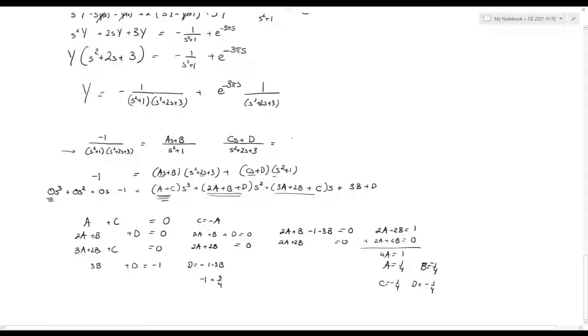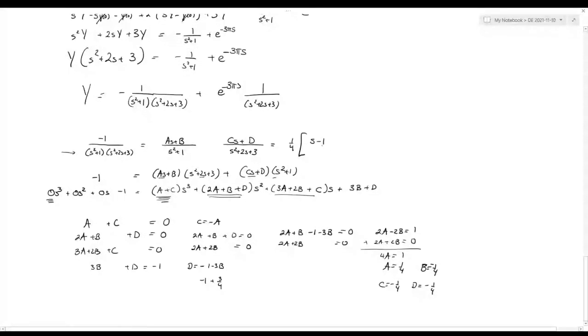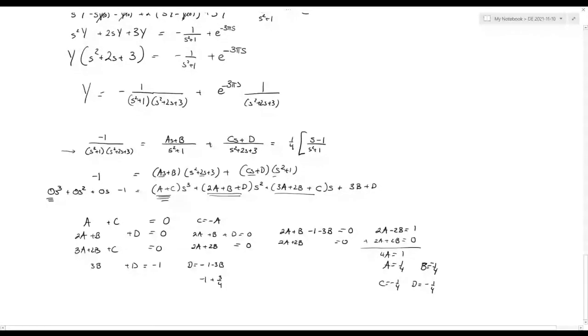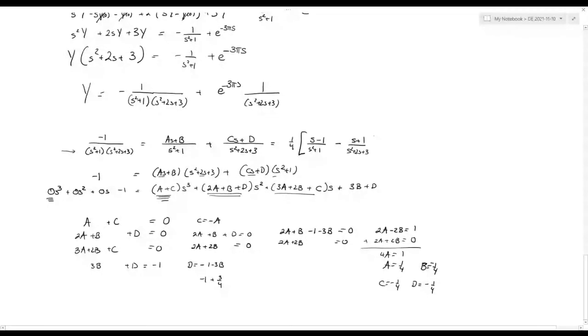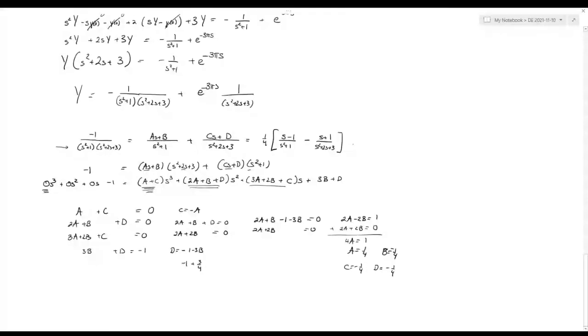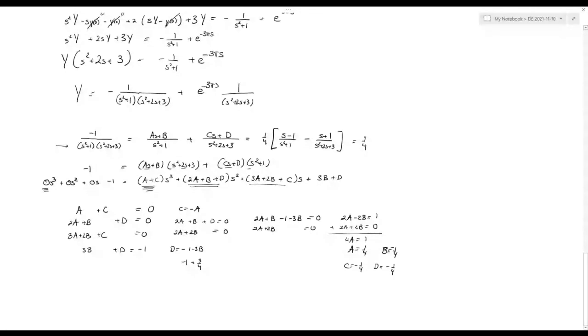All right, so anyway, we have the partial fraction decomposition. We can just factor out a quarter, and then as plus b becomes s minus 1. And cs plus d, what does that become? So minus s plus 1. All right, so I bet this is good enough to find the inverse Laplace, at least of this first term.